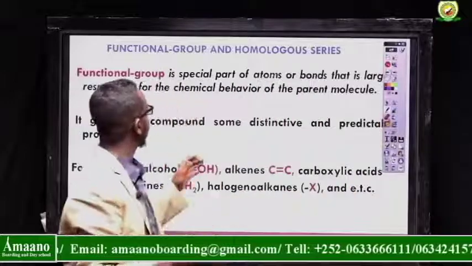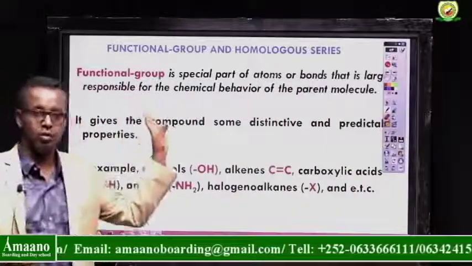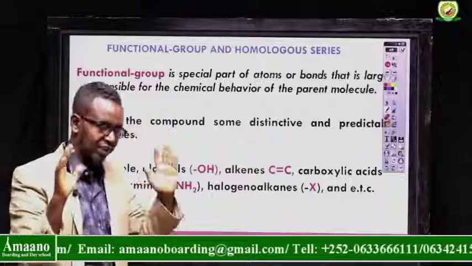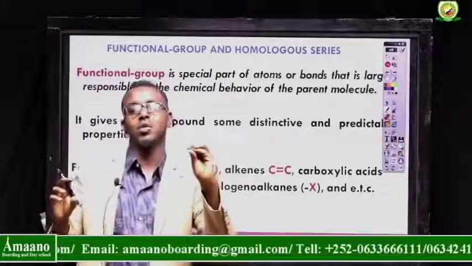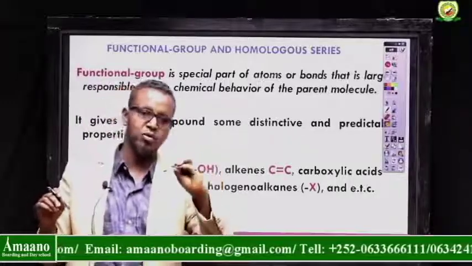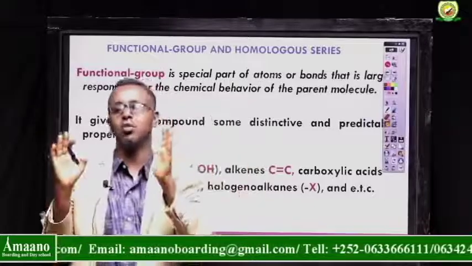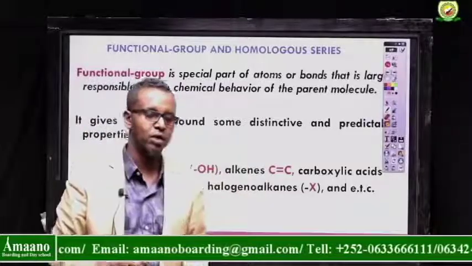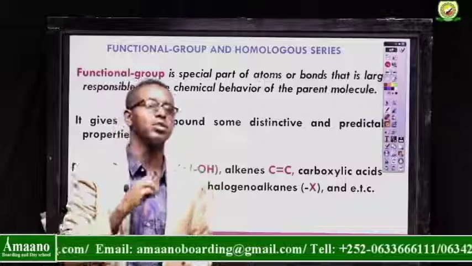So this is what we call a functional group. Most of the families contain a special part which is responsible for the chemical properties of that particular family. This is called the functional group. It can be atoms, it can be bonds.